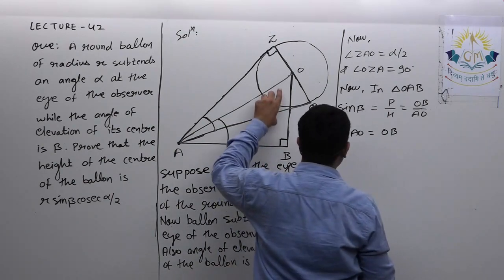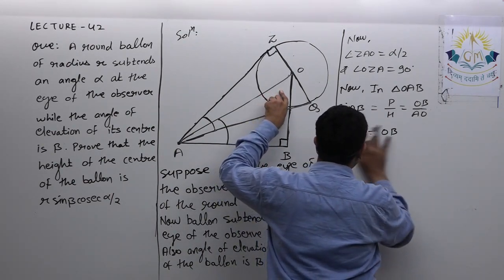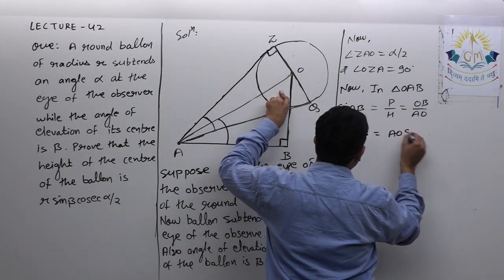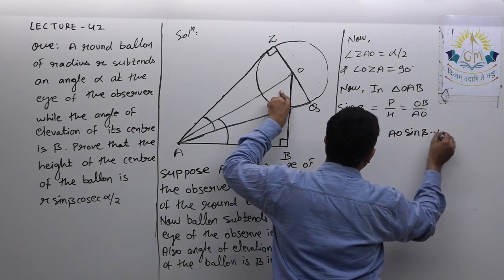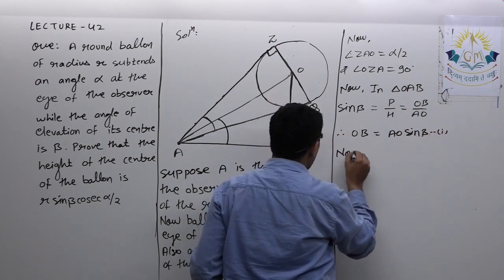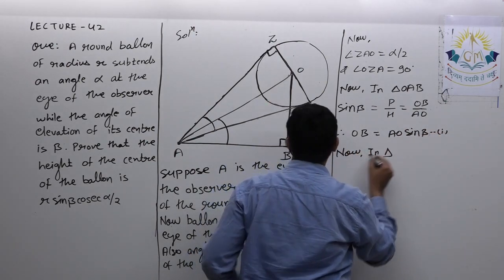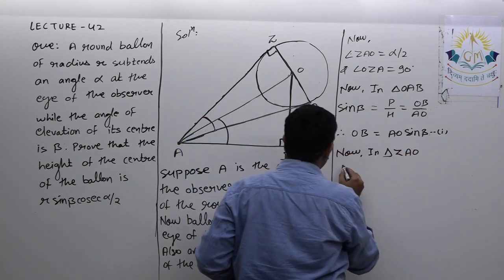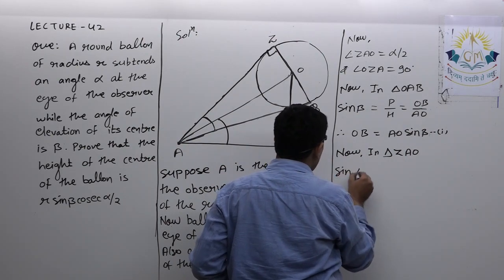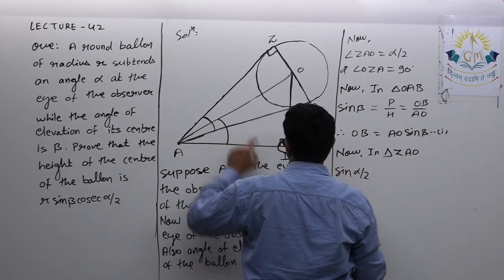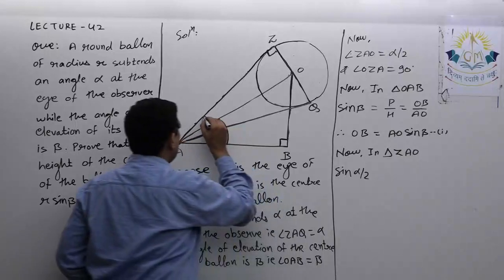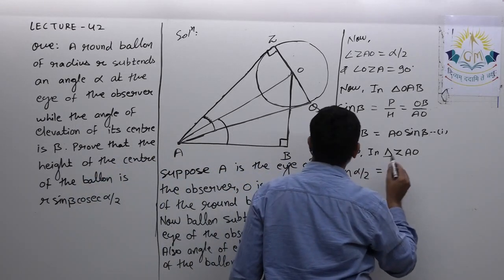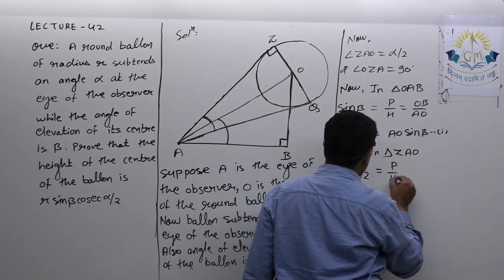Okay, what we need? Length of OB. So better to write, therefore OB is equal to AO sine beta. Let this be first. Now in triangle ZAO, I can say sine alpha by 2, I am taking only this much angle, is again perpendicular upon hypotenuse.